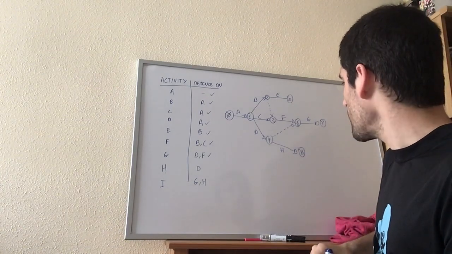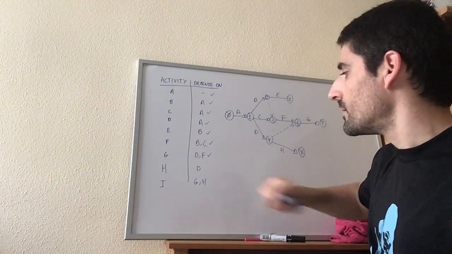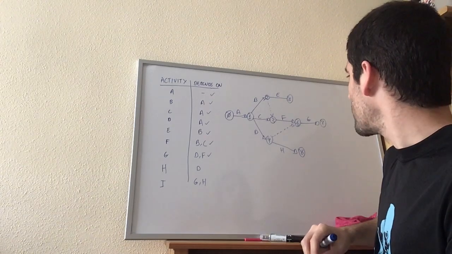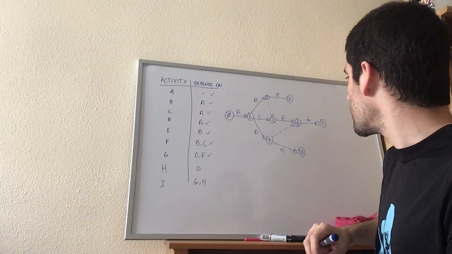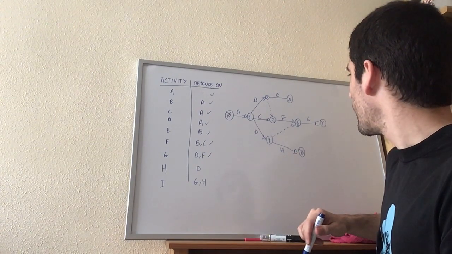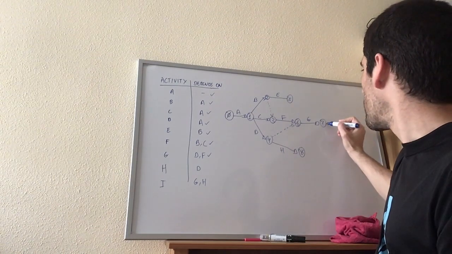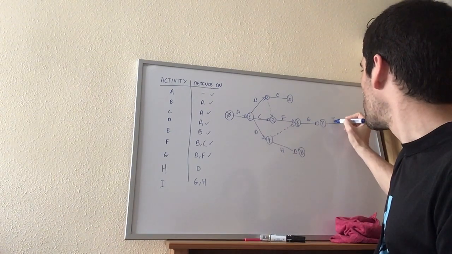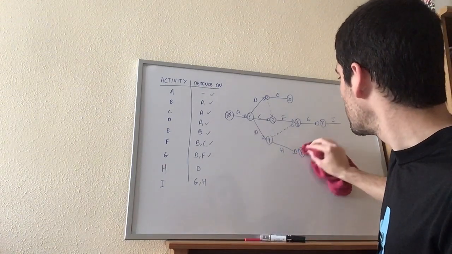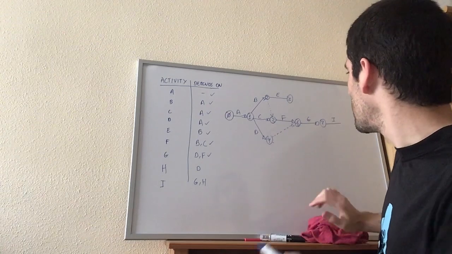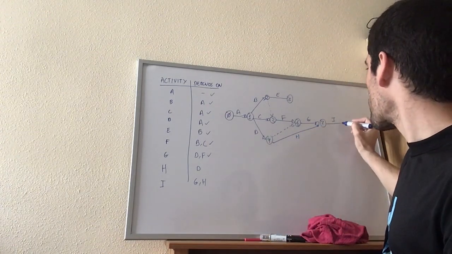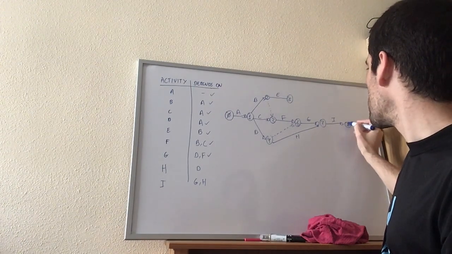And I depends on G and H. If I depends on G and H, what I'm going to do is to actually have H pointing there, and then I takes me to node number 8.